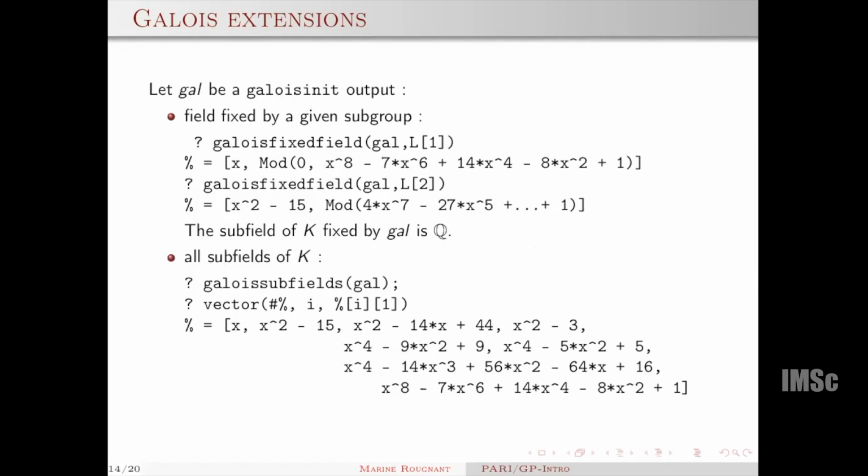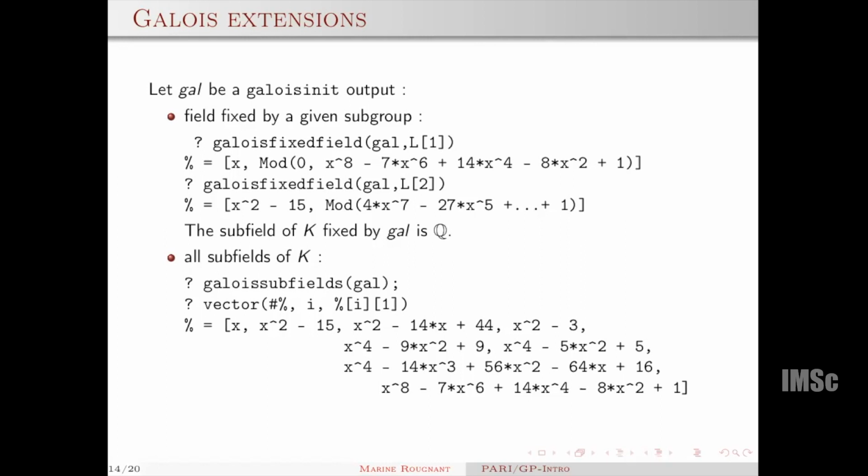With that, you can ask for all the subfields, the Galois subfields of your extension. You can compute the fixed field fixed by some subgroup. Here you have to give your Galois group, the big one, and one subgroup. In the previous slide, the first of them was the entire group.